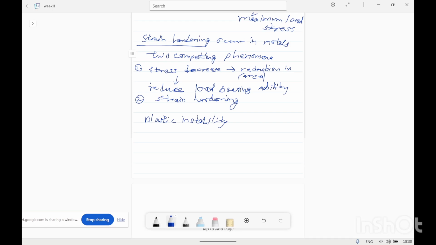So strain hardening increases the load bearing capacity of the metal.